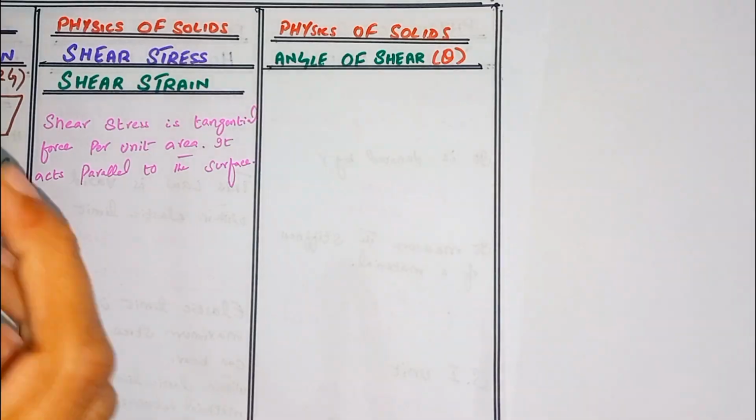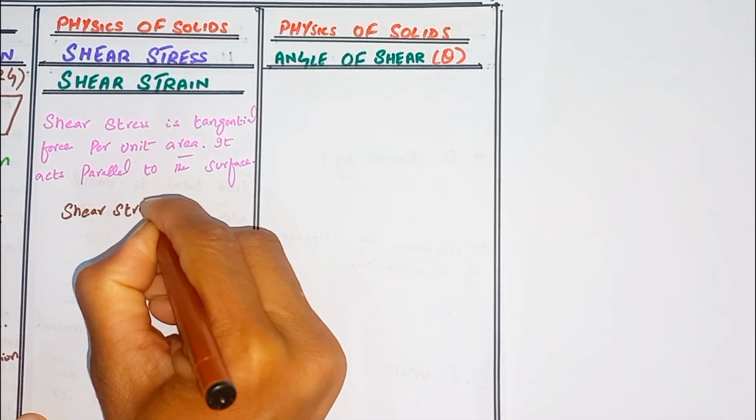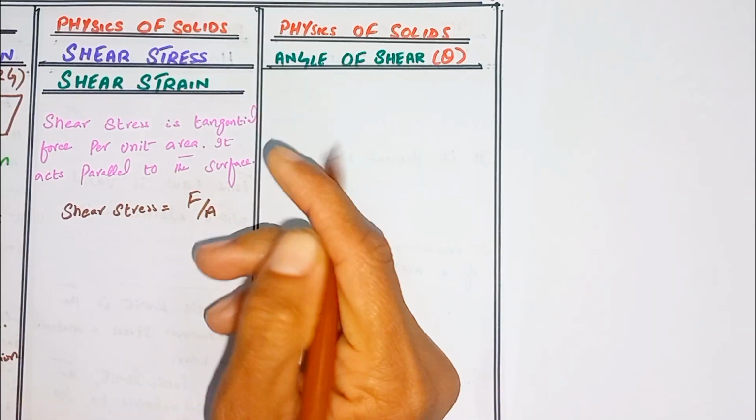If we talk about its formula, shear stress is the force per unit area.